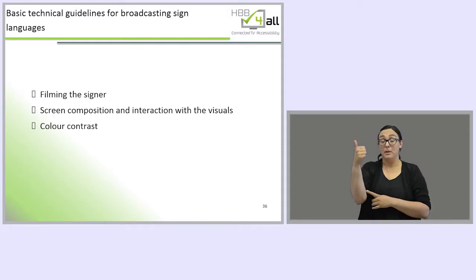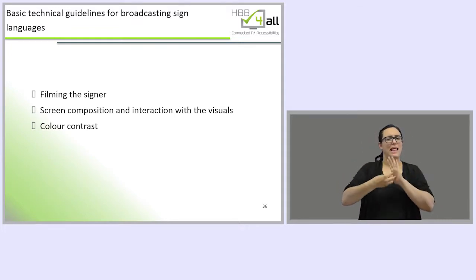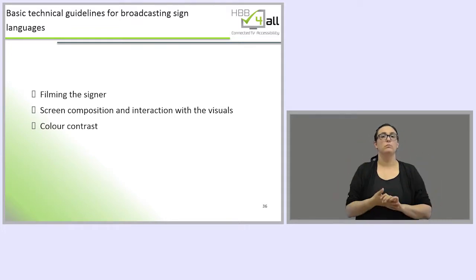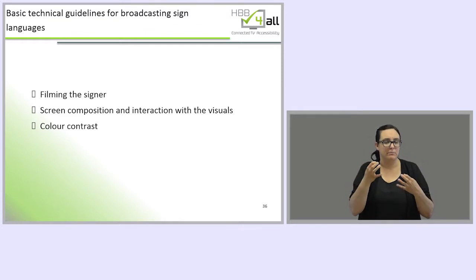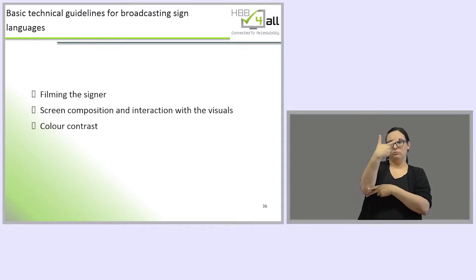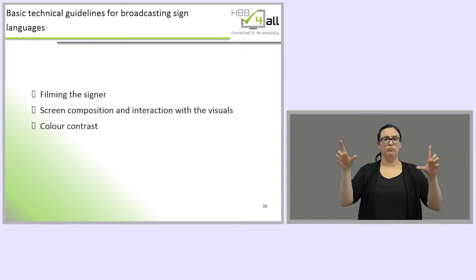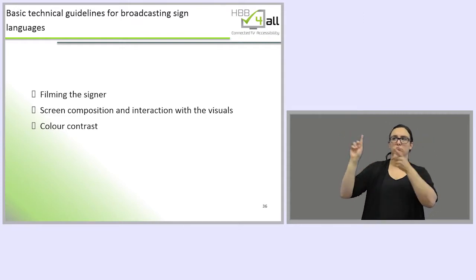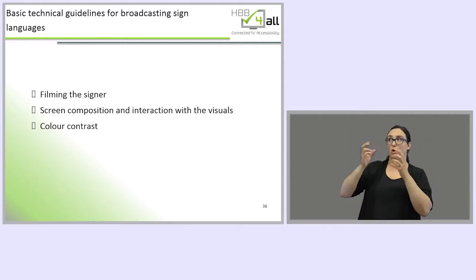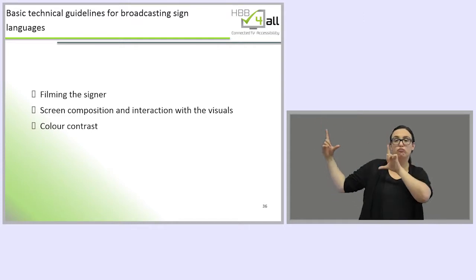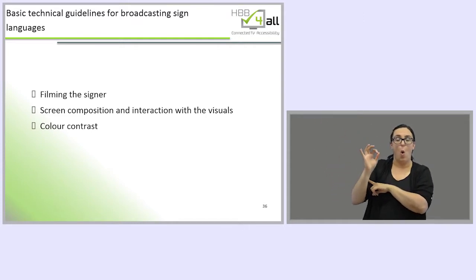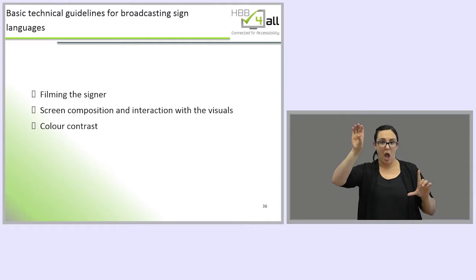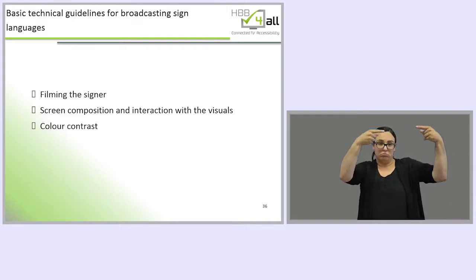First, we will talk about the basic technical guidelines for broadcasting sign languages, and specifically we're going to tackle 3 different aspects. The first one will be about filming the signer, the second one about the screen compositions and how the signer interacts with the rest of the visual information on screen. That can be the main visual information, but also the digital on-screen graphics, the captions, subtitles, and so on.